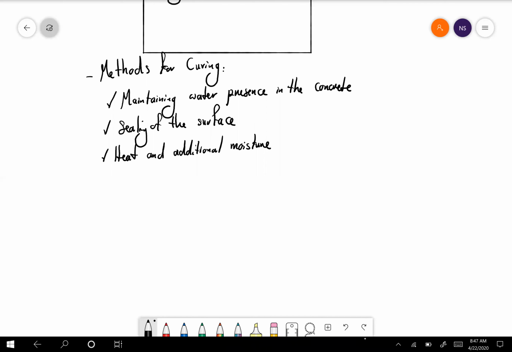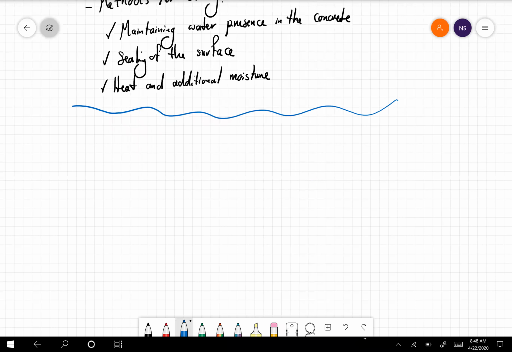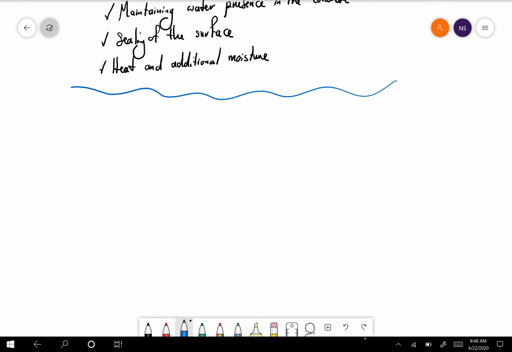Okay, so that's the last step before you have a hardened concrete. And now, let's say after 28 days, you have the hardened concrete almost gaining its complete strength. Now we need to know what to do with the hardened concrete.